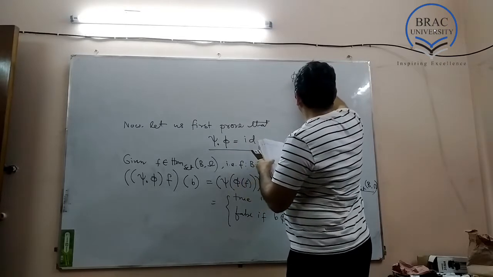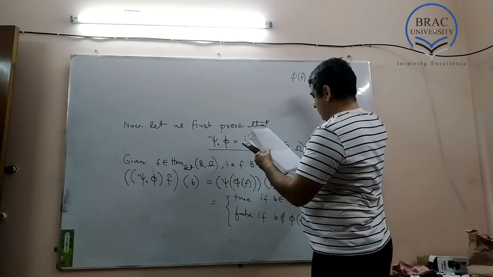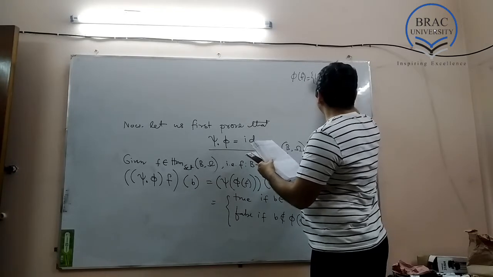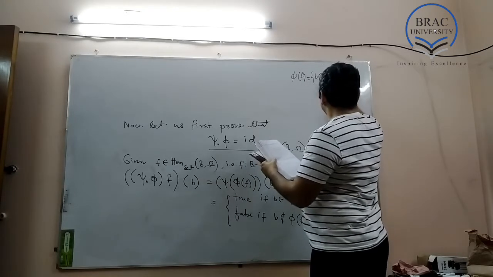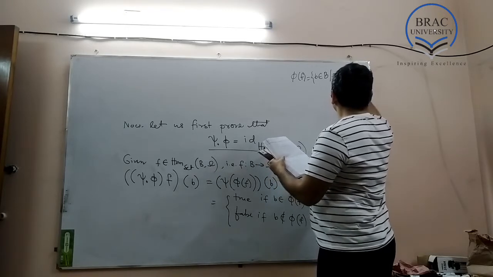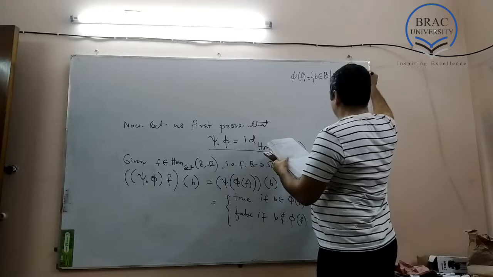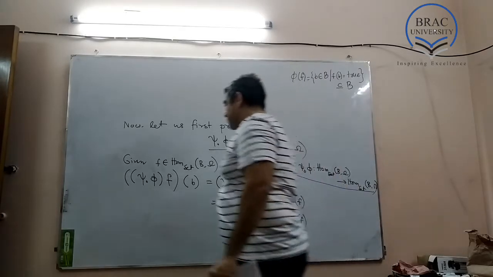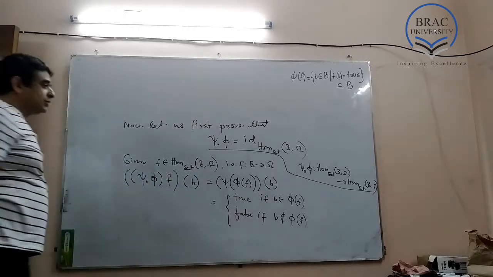Phi of f was defined as a subset of capital B this way, which we saw is indeed a subset of this set B.